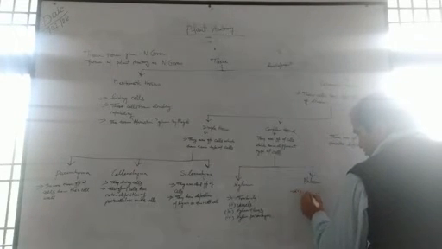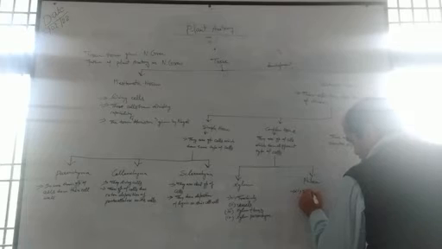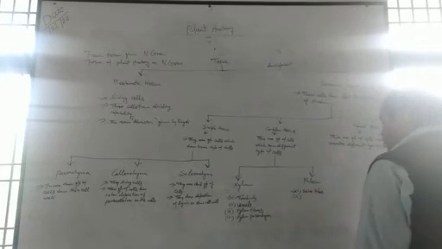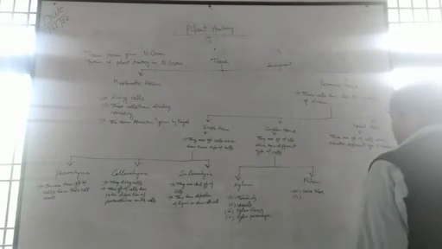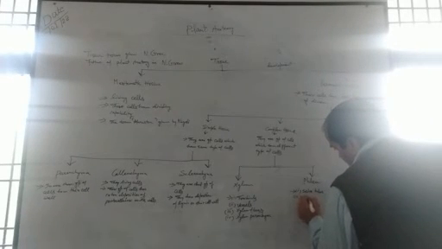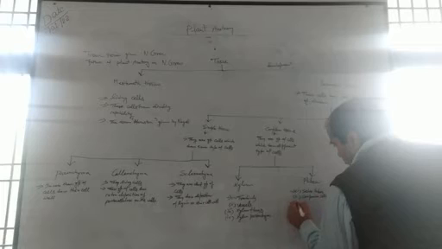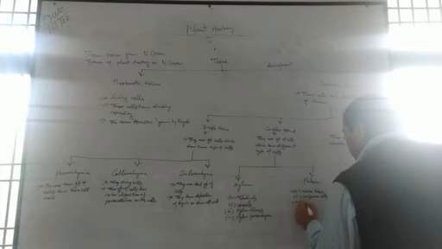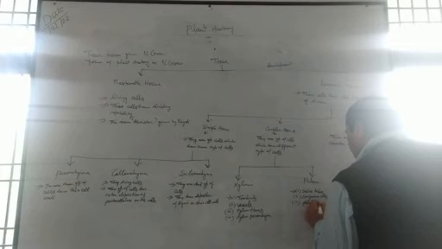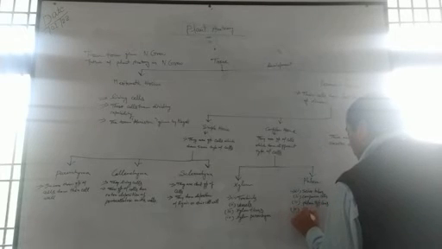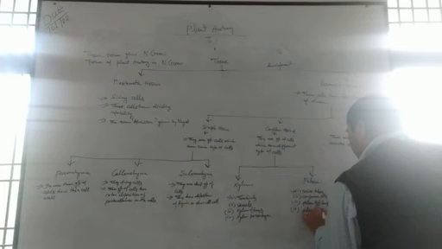Number one is sieve tubes. Number two is companion cells. Number three is phloem fiber. And number four is phloem parenchyma.